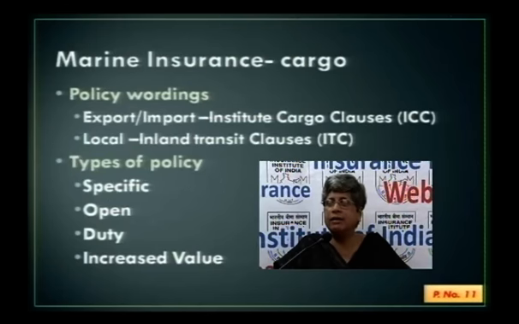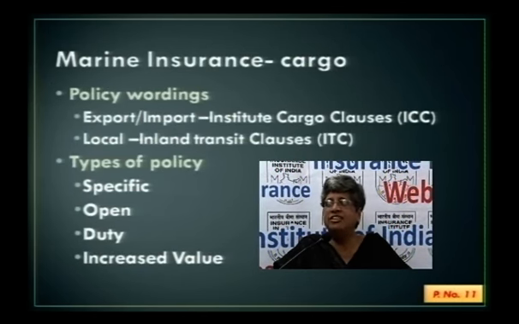Very importantly, when we talk of export-import trade, we also include within that insurance of Institute Cargo Clauses the local transport. So the ICC clause can be used if I'm exporting from Surat. A cargo is coming to Mumbai port from Surat, and then from Mumbai port it is going to New York.